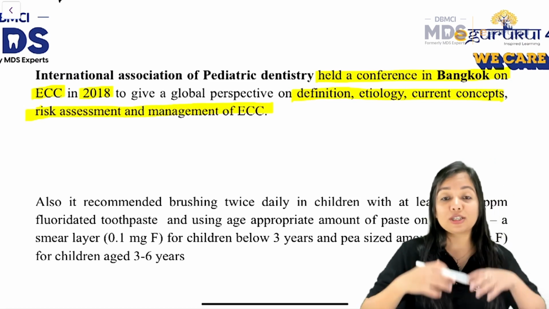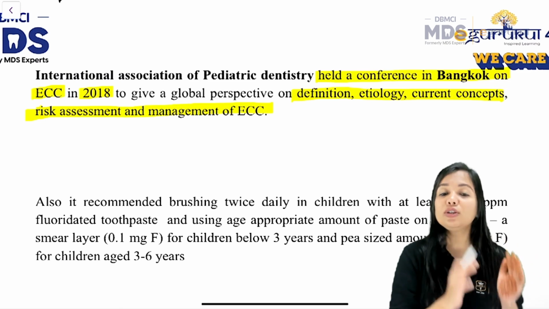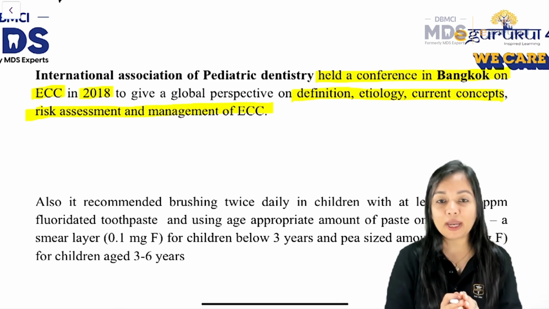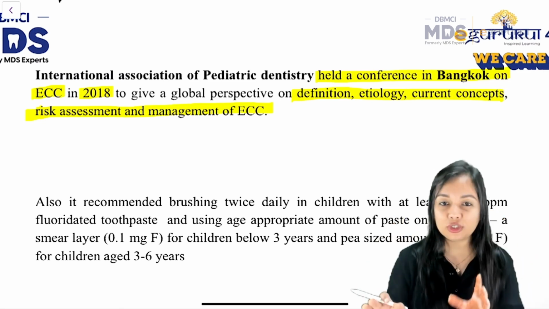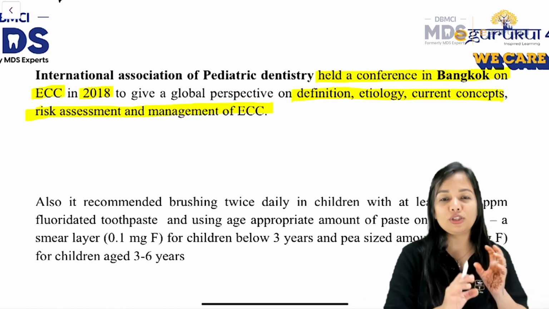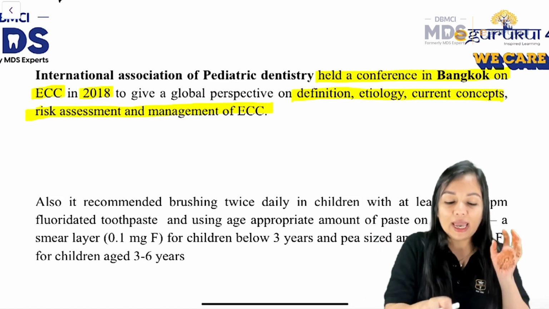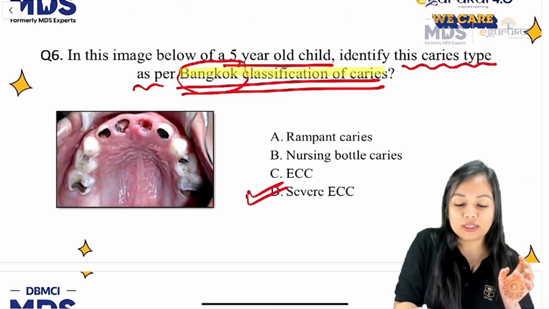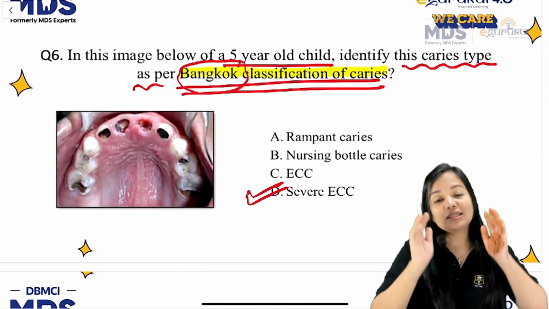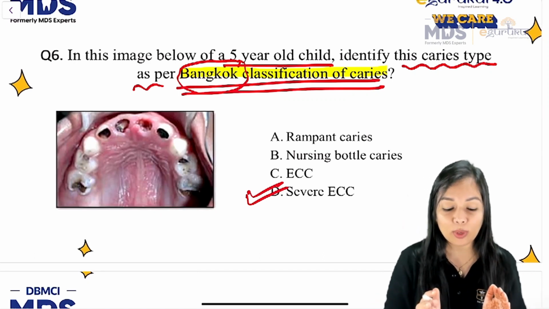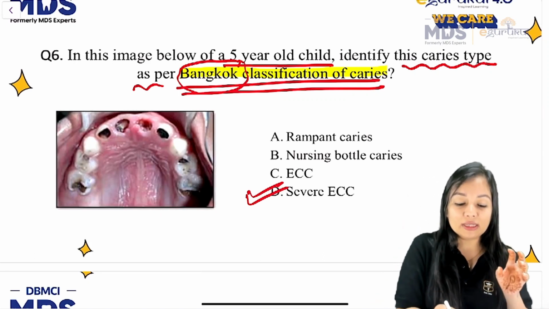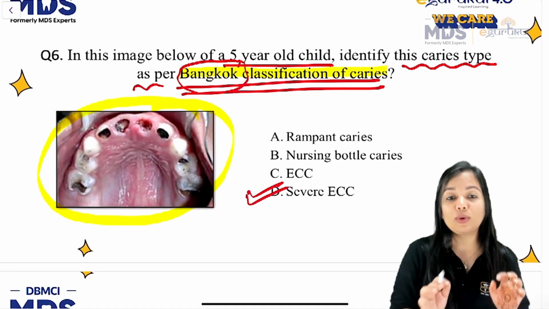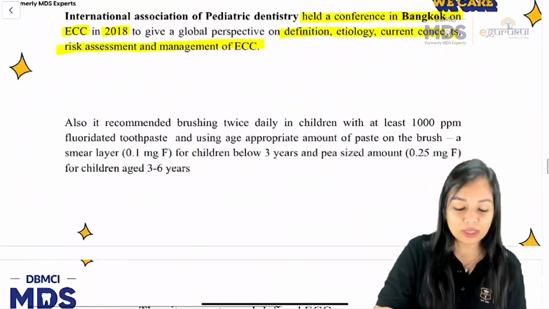Since this exclusive conference was held in Bangkok, which gave a beautiful definition to ECC and discussed various etiology and current concepts, they proposed a classification that was called the Bangkok classification of caries, which is exactly the same as the earlier one. So do not worry, when such a picture emerges, it is undoubtedly severe early childhood caries.